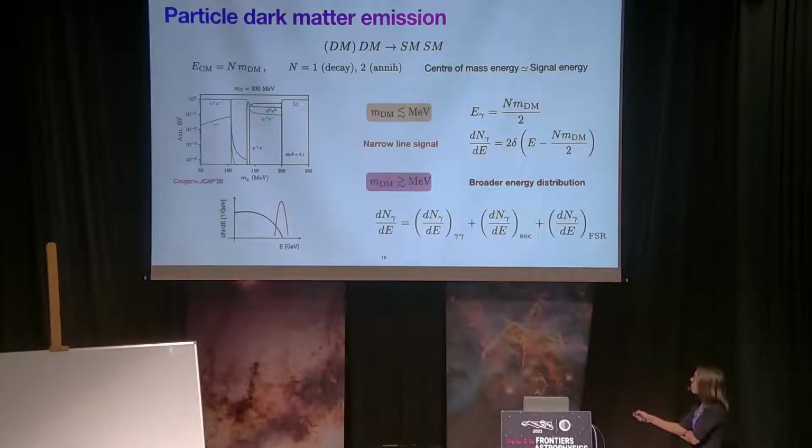So there are the photons that are emitted when you have two-body annihilation into leptons, and then you have this secondary production that comes from the hadronic decay of those dark matter particles, where pi zeros are produced that lead to photons. So that's why you have a broader energy distribution, even if your center of mass energy was always at the level of the mass.